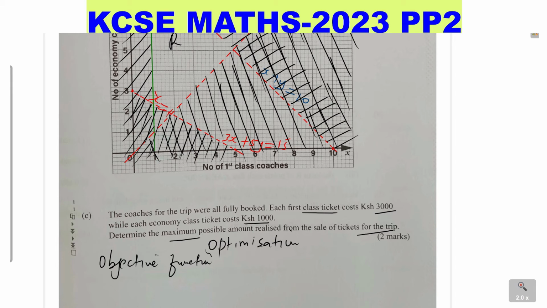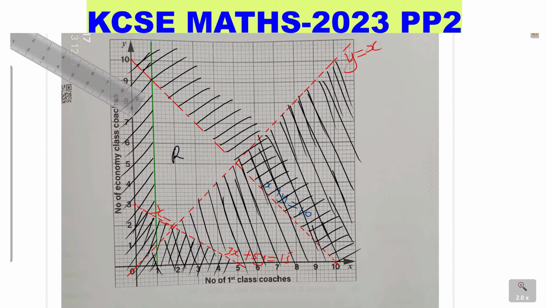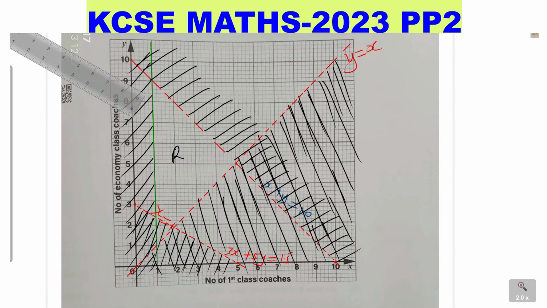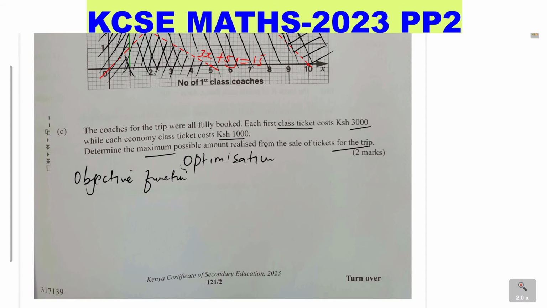Each first class ticket cost 3,000 shillings. Remember, the number of coaches for first class was represented by X. And each first class coach was carrying how many passengers? Go back there. From the first part of the question, it was carrying 72 passengers. Then economy class was carrying 120 passengers. So in order to get the profit, the objective function is what you're getting right now.